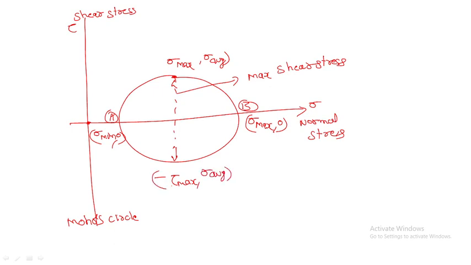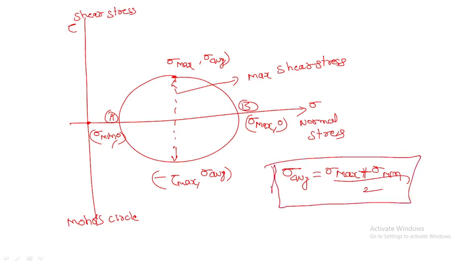So these are the values you have to remember. Now in the question, in the Mohr circle, with normal stress and shear stress axes, the vertical diameter represents what? That is the average of tau max plus tau minimum divided by 2, is the answer for the given question.